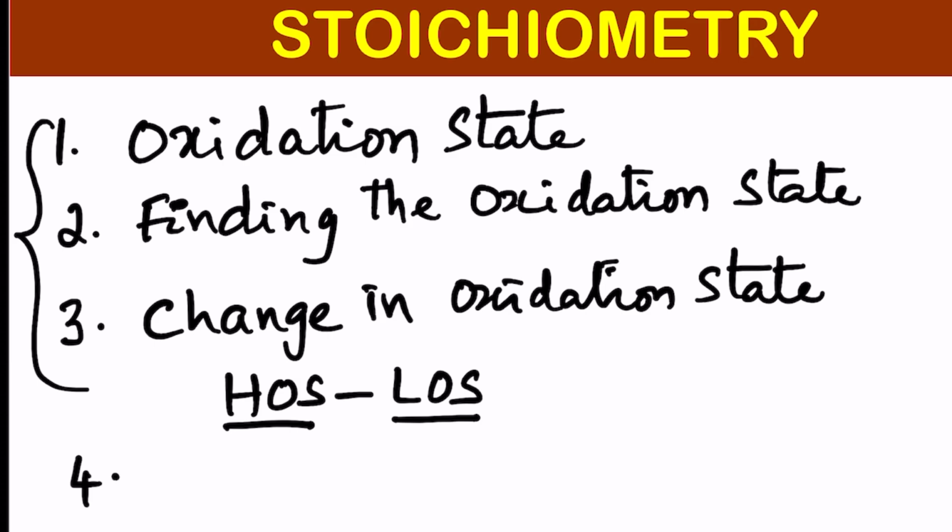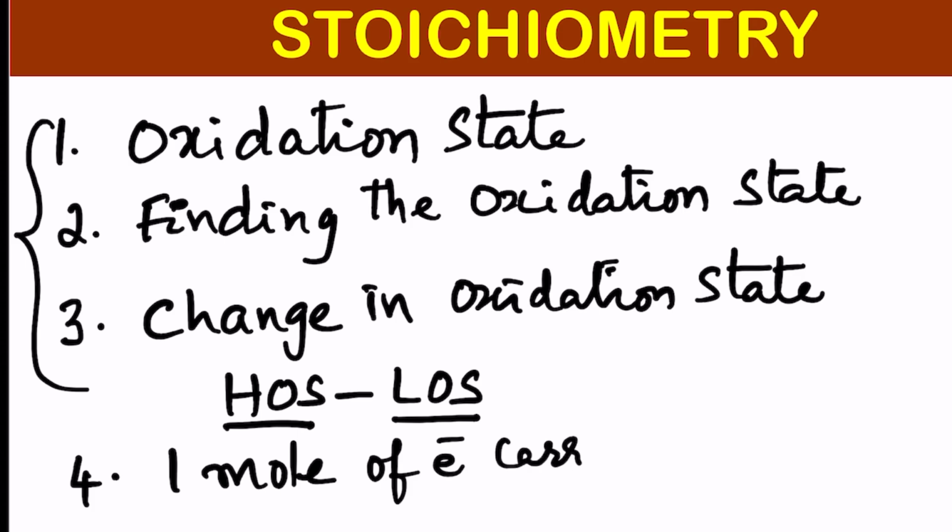But the fourth important one, specifically for this problem, is the relationship between Faradays and these electrons. I'll put that as a fourth one, but it is the important one in this problem. 1 mole of electrons always carries a charge equivalent to 1 Faraday.